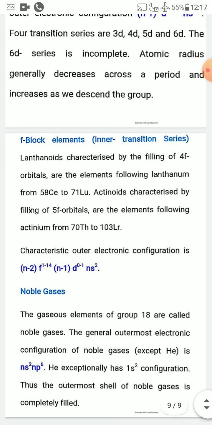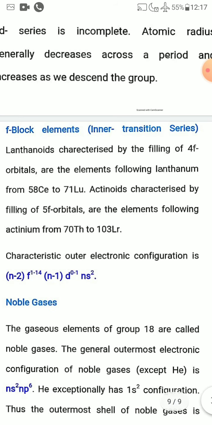Now see the F block elements. These are inner transition series, that is lanthanides and actinides. Lanthanoids, characterized by the filling of 4f orbitals, are the elements following lanthanum from cerium to lutetium, that is cerium 58 to lutetium 71. And similarly, actinoids are characterized by filling of 5f orbitals.